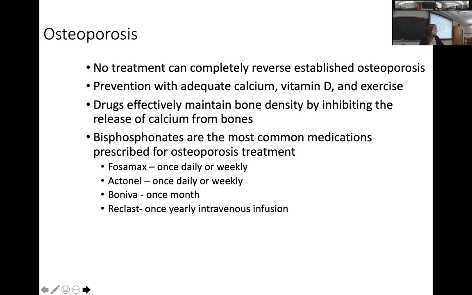vitamin D, and exercise. When somebody exercises, say that you're a runner, your bones and the spongy bone matrix at the ends of your bones will reorient themselves in order to adapt to the impact. So should everybody who's never run before go out and run a marathon? Probably not, but that's why you have training. Maybe you're training for a 5K. Couch to 5K, there are apps all over the place for that.